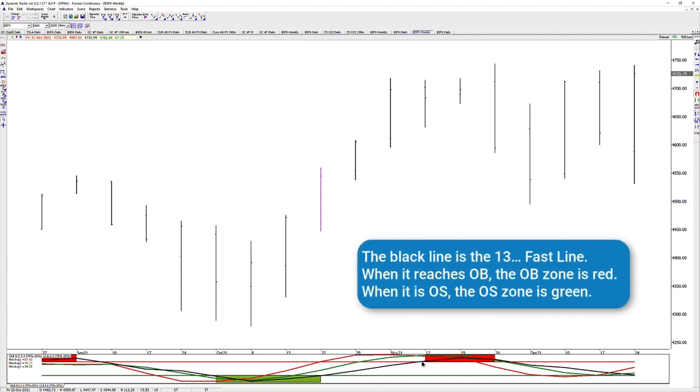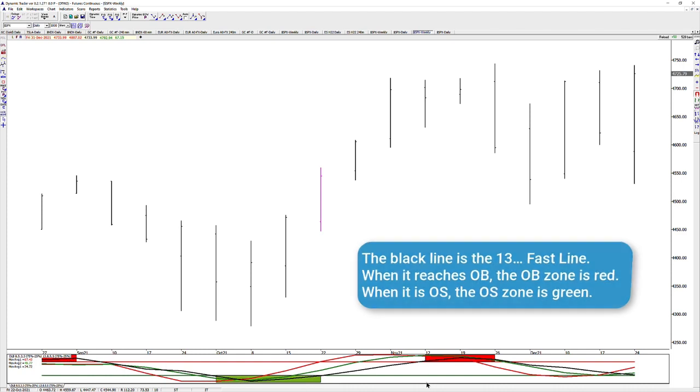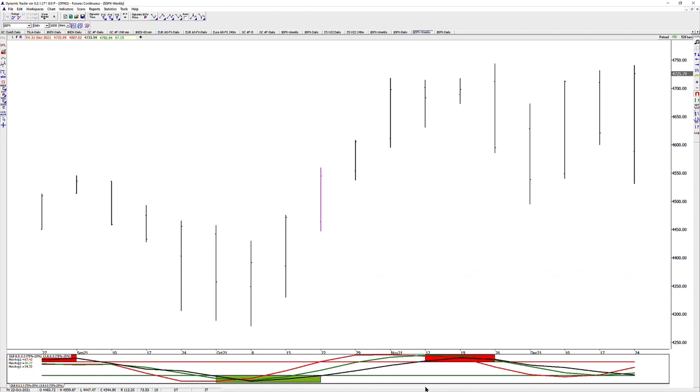You can see when it enters, this is the fast line of the 13, when it enters the overbought zone, I just change the color of the overbought to red. When it exits, then it's no longer red. So it's only coloring the overbought and oversold when the 13, the little longer look back fast line, is either overbought or oversold. We'll have some examples with these also.